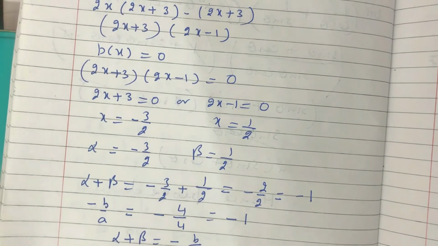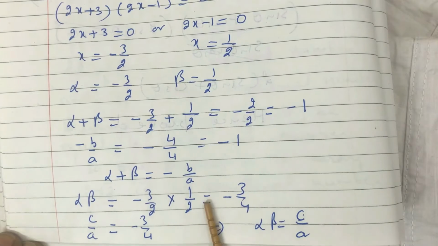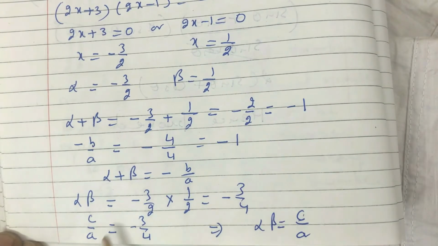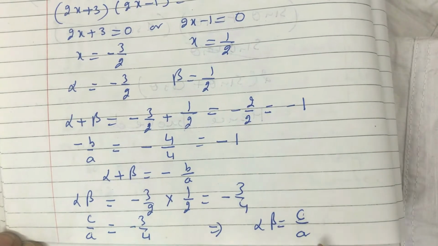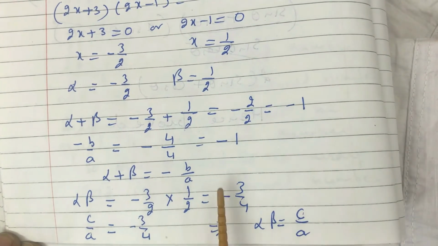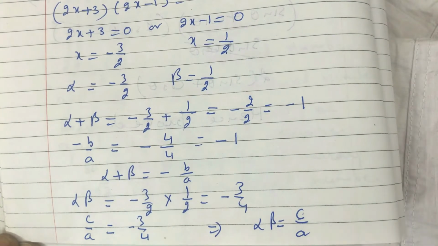So alpha plus beta is equal to minus b by a. Now find alpha beta, that is equal to minus 3 by 4. c by a is again minus 3 by 4. So alpha beta is equal to c by a. Alpha plus beta is equal to minus b by a, and alpha beta is equal to c by a. That is the relationship between the zeros and coefficients of a quadratic polynomial.